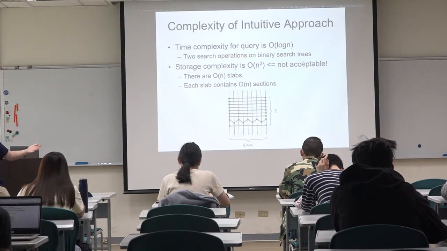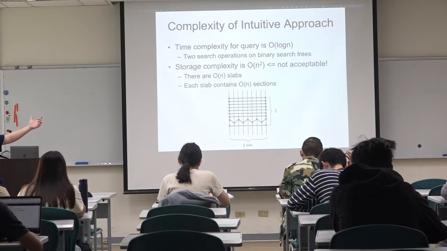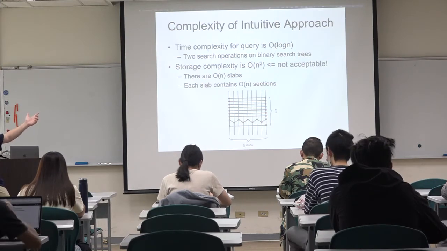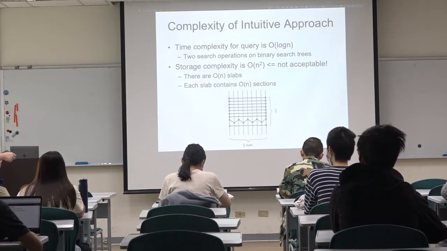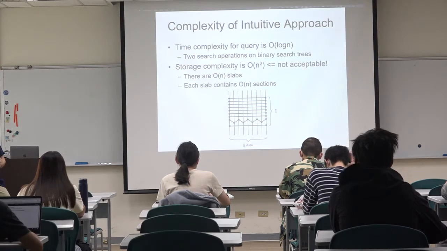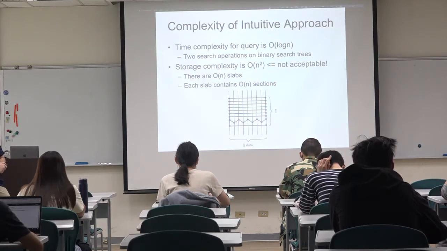Then you may be tempted to use more storage, such as n squared storage complexity, to get a very good log n query time, which couldn't be better than that. But if you are talking about building this capacity in an embedded system, then this storage cost is too much.